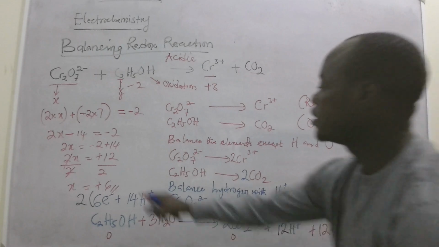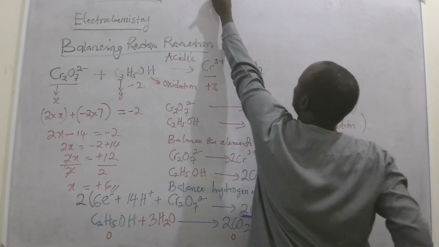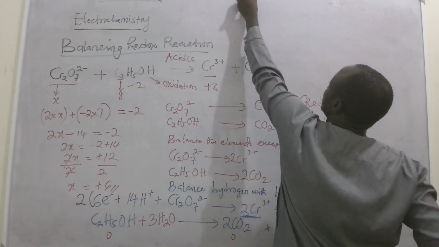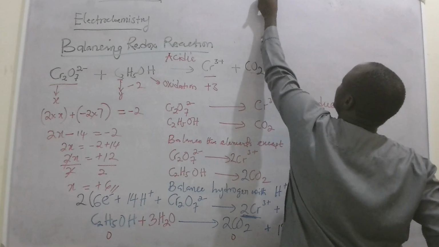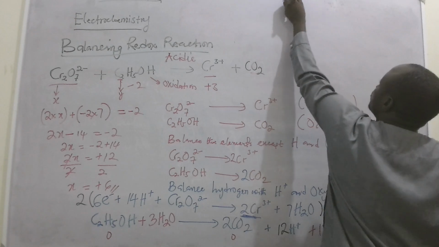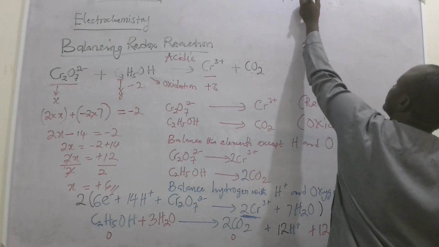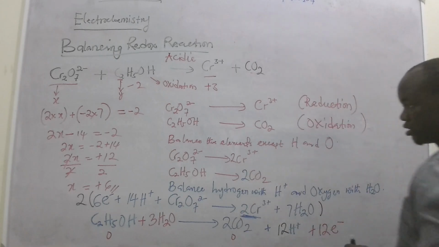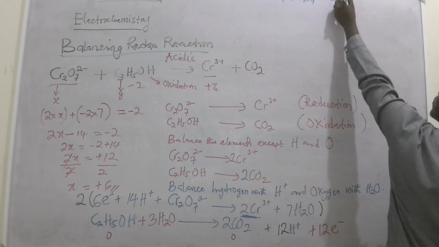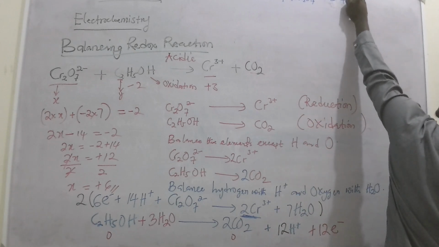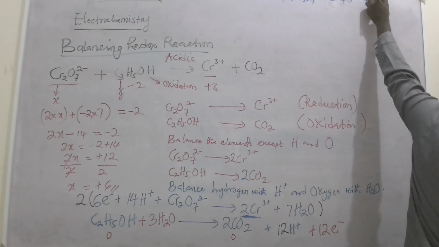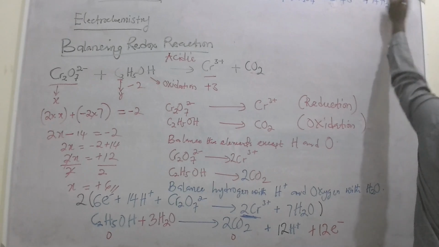After we multiply, this is now going to give us 12 electrons plus 28 hydrogen ions plus 2 molecules of chromium manganese, which will give us 4 chromium ions plus 14 molecules of water.